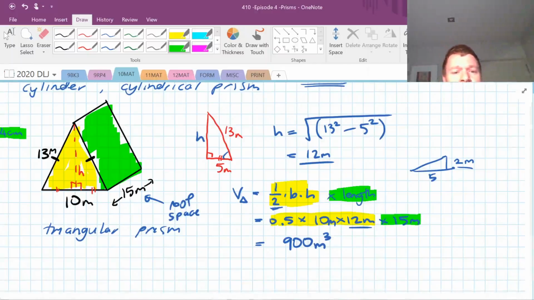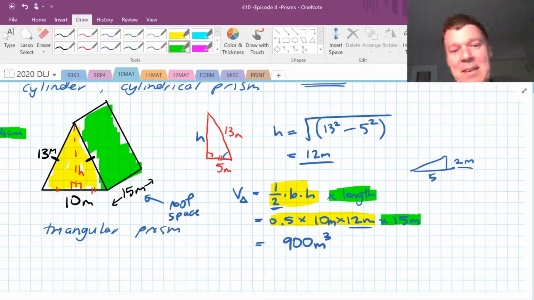So each prism has that sort of, why do we half that? You always half a triangle. A triangle is half a box. That's right, a triangle is half of a square.